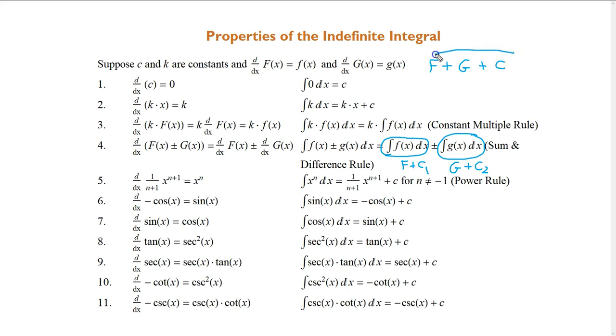And notice, if we differentiate this, because of the sum and difference rule for derivatives, we get back f plus or minus g.